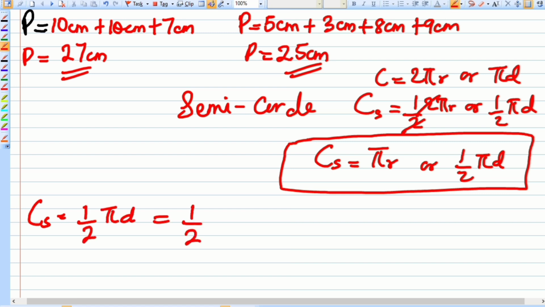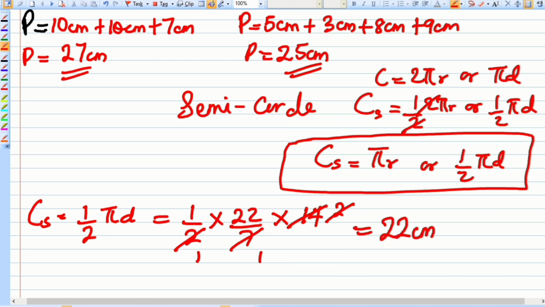So we have half times pi, which is 22/7, times the diameter, which is what? 14. So you see 7 into itself 1, 7 into 14 is 2 times. 2 into itself can cancel, then our final answer is just everything times 22, which is 22 centimeters. So that's the perimeter of that shape, which is a semicircle.